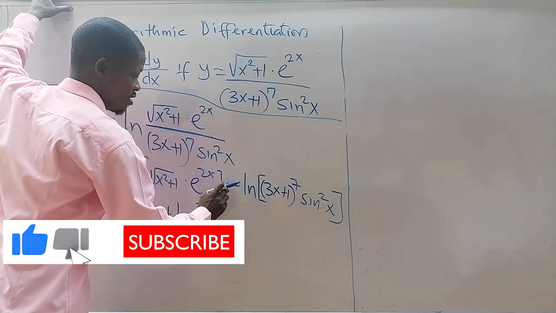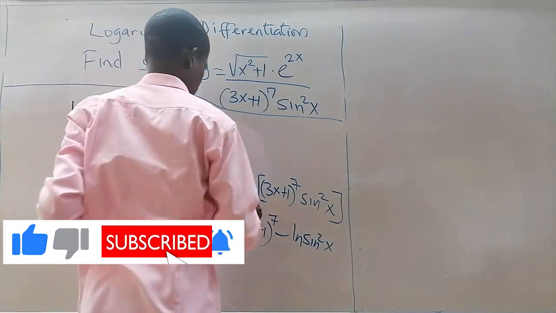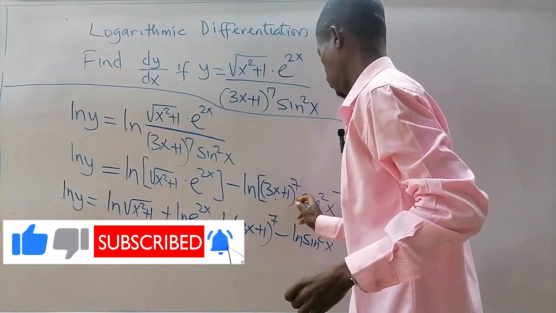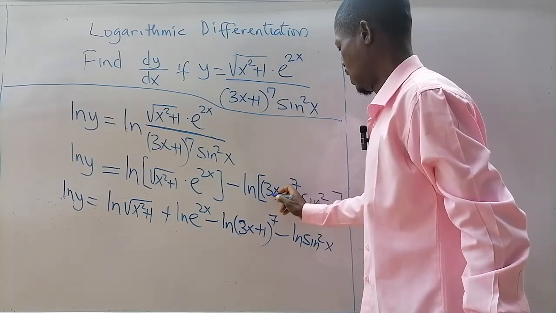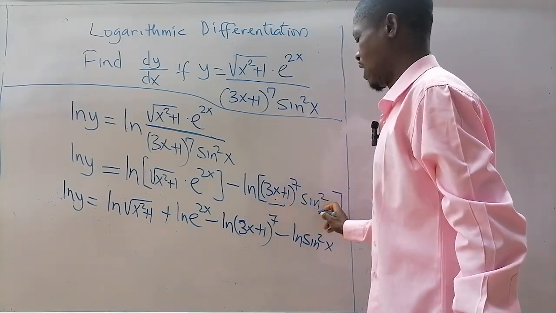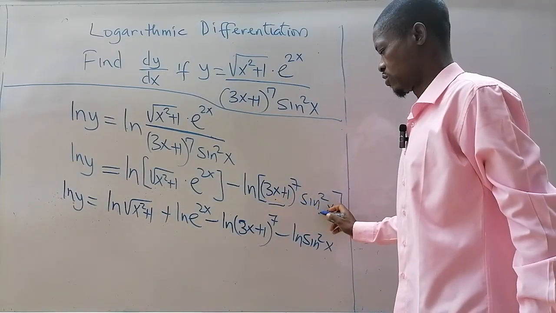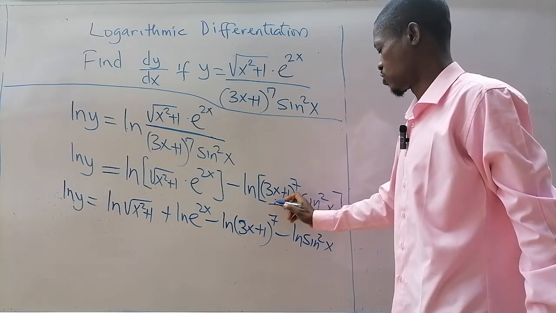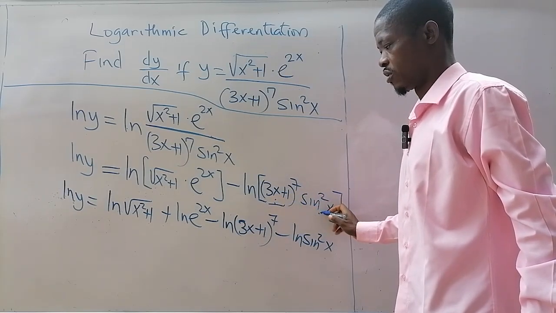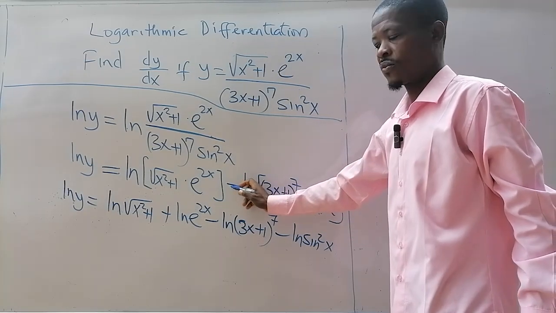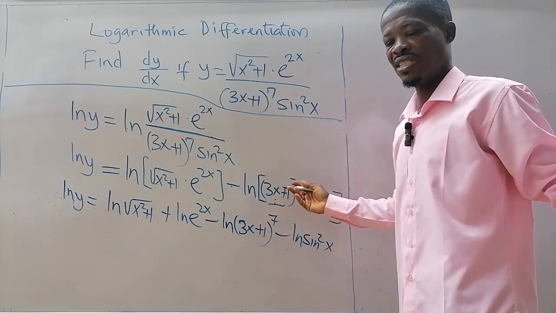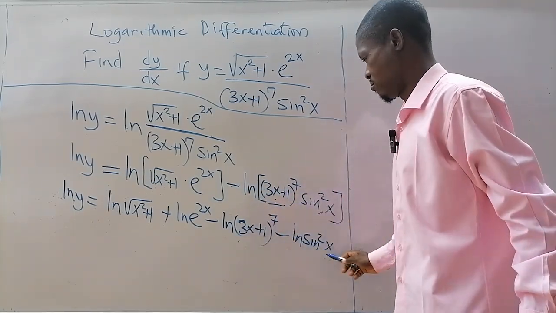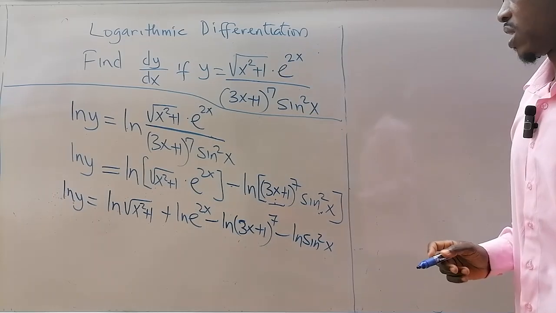But with this minus now, it's going to be what? ln of two functions is going to be ln of this function plus ln of this function, I mean the natural logarithm of this function plus the natural logarithm of this function. But there is a minus here, so by the time you open the brackets, it's going to become minus minus. Okay, so that's what we have.